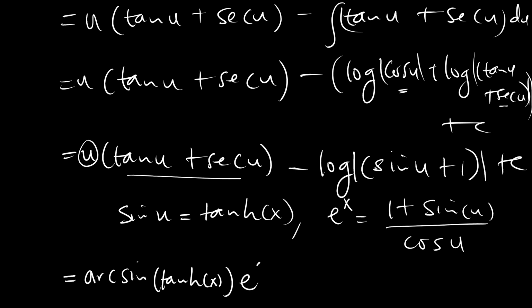So we have e to the x times that, minus the natural logarithm of, we have 1 plus this, which is e to the x times cos of u, which is equal to the square root of 1 minus sine squared of u, which is the square root of 1 minus tanh squared.